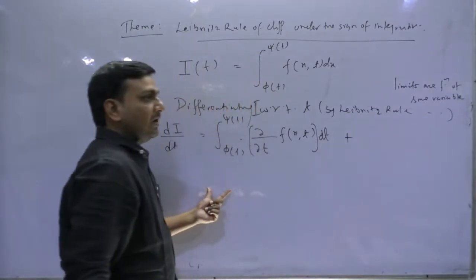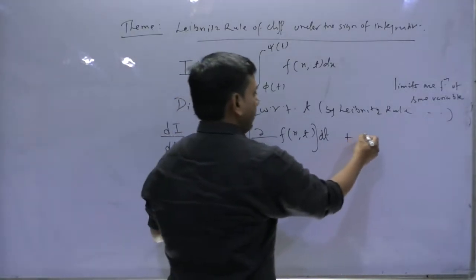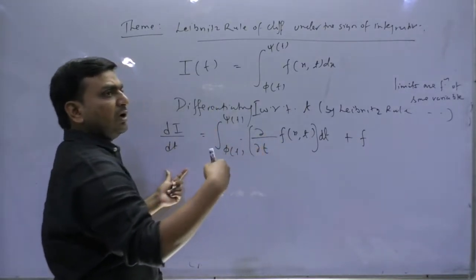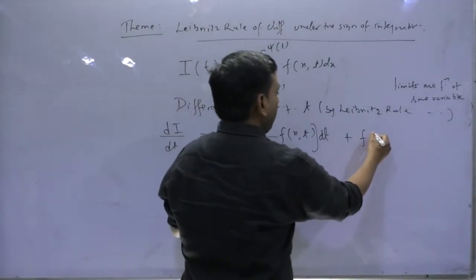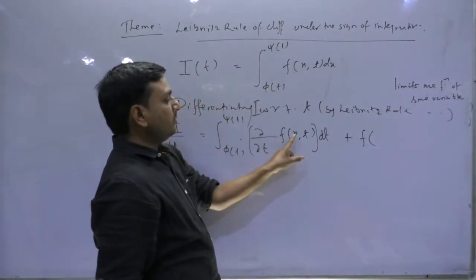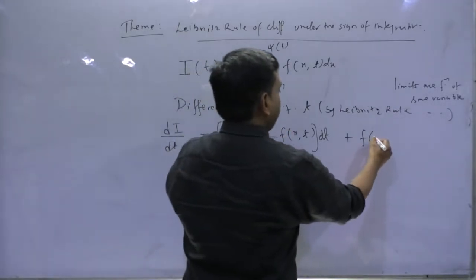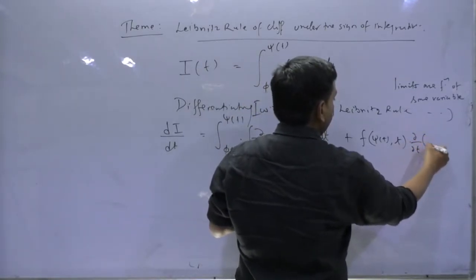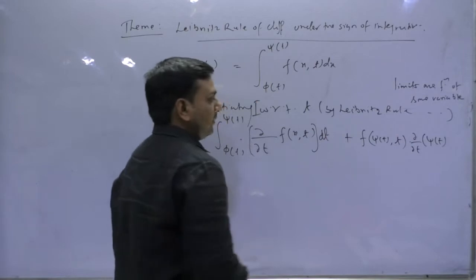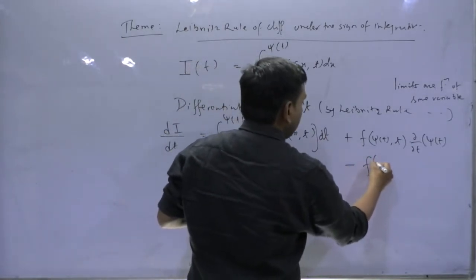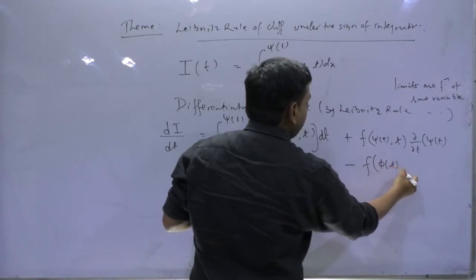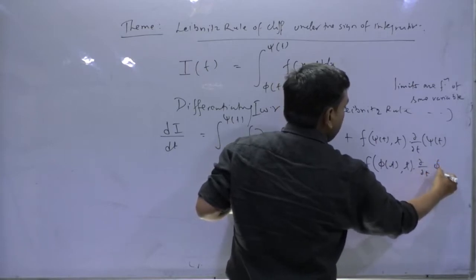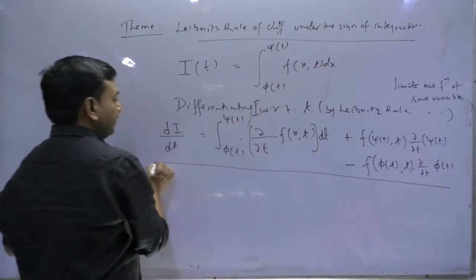into dx plus, now please remember this function, क्योंकि I is the function of t, so ultimately इंटीग्रल के बाहर जो होगा वो t का फंक्शन मिलना चाहिए. तो अभी जो f of function आपको मिलेगा, प्लीज रिप्लेस x by upper limit, I am saying upper limit, okay, into partial differentiation with respect to t of the upper limit minus f of phi of t, that is lower limit, into del over del t of phi of t.